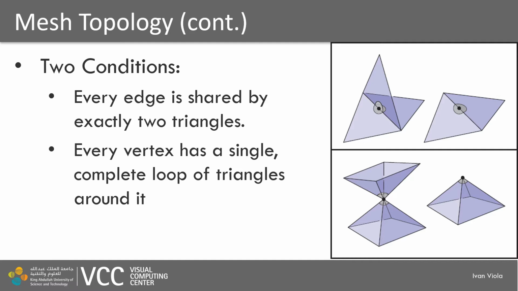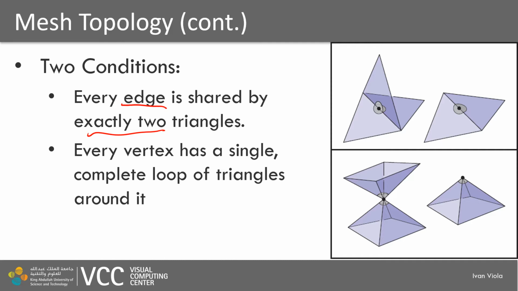So without going into details of defining mathematically correctly the meaning of manifold or two-manifold, we will constrain our definition of manifolds to two conditions for the triangle meshes. In these two conditions, a manifold is a triangle mesh in which every edge is shared by exactly two triangles.